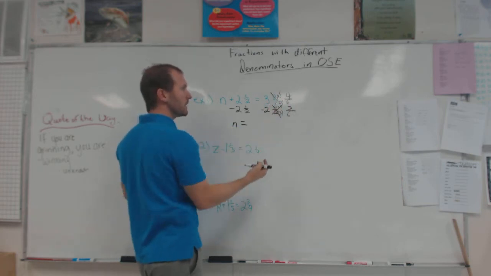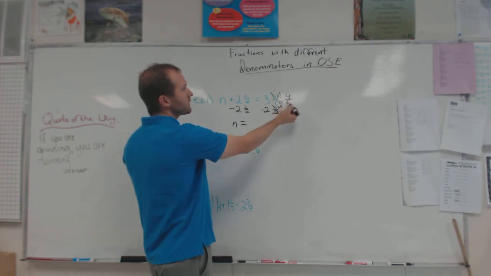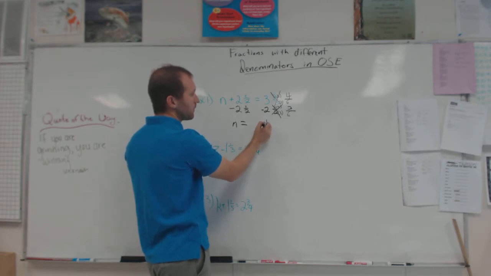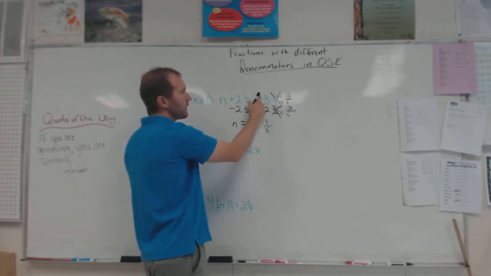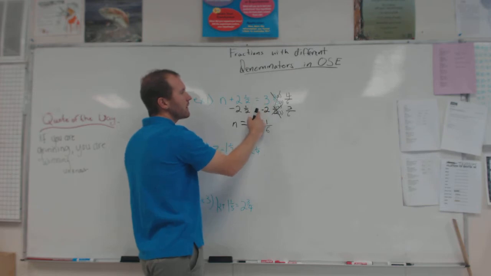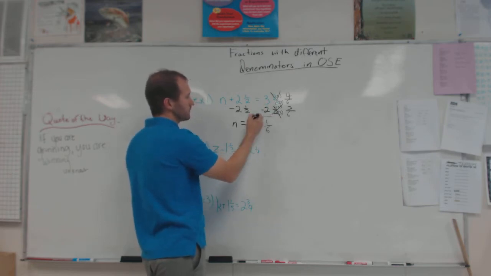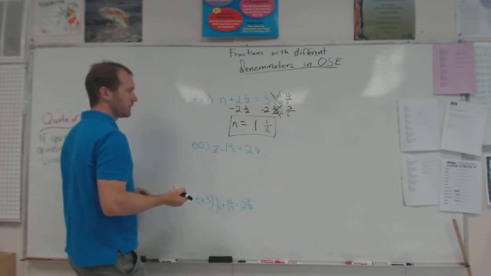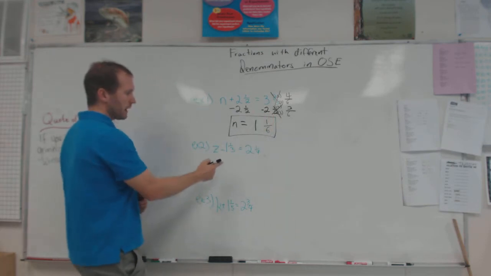No, because then I won't have the same denominator anymore. Okay, so 4/6 minus 3/6 is 1/6. Don't forget about your whole numbers. 3 minus 2 is 1. And we're done.